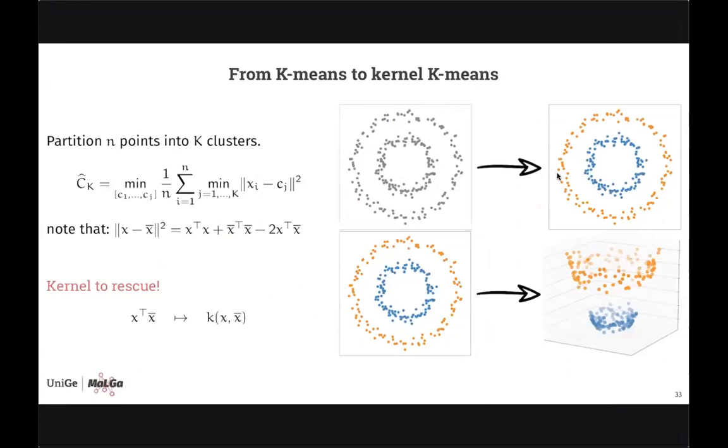You have the usual perspective with kernels and feature maps, where you map the data into a higher dimensional space, you perform K-means in the higher dimensional space, and then when you project back to the original space, the separating regions between the classes are non-linear. The exact formulation takes a bit more time than I have here. I just want to give you the idea that if I have inner products, I can replace them with kernels, and they will correspond to non-linear clusters.